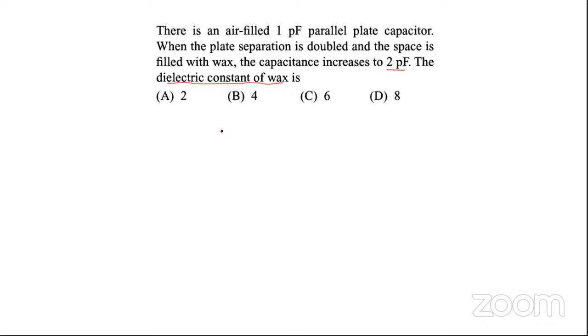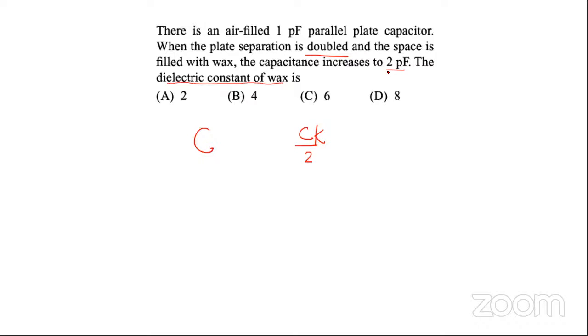See, suppose there is a parallel plate capacitor C. Now, if the separation is doubled, then the capacitance will become C by 2. And the space is filled with wax, so now a dielectric has been inserted, and when a dielectric is inserted, the capacitance becomes K times, so it becomes CK by 2.